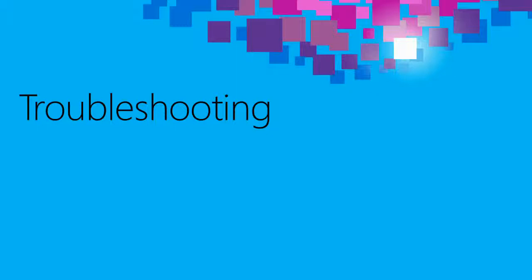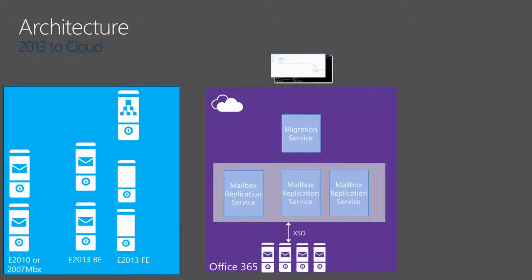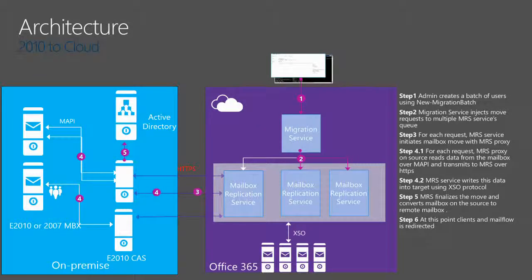Now let's look at any questions on architecture. Go ahead. So with Exchange 2010, when you're moving from 365 to your 2010, that HTTPS traffic to the MRS proxy on-prem, that goes through your external UAG boxes or whatever your clients currently use to get your email externally.